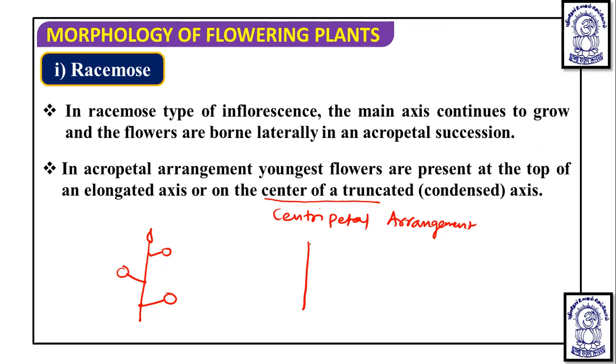If the axis is condensed, then this is a younger flower and this is the older flower. Growth is occurring toward the center, so it is known as centripetal arrangement. Whereas here the younger flower is this one and the older flower is this one, so growth is occurring towards the apex, and it is known as acropetal arrangement. In such a way the arrangement of flowers can be observed.